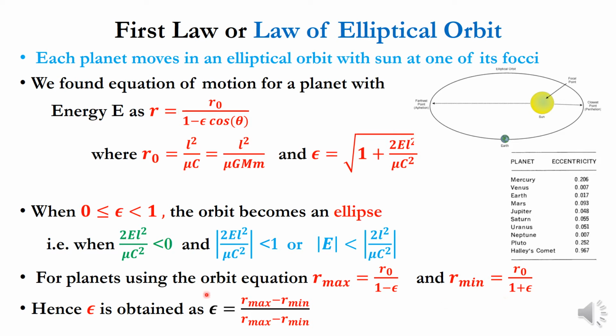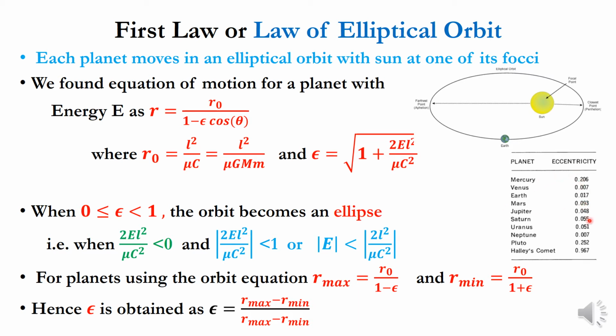So this epsilon is obtained like this from these two equations. Dividing and then subtracting and rearranging, we get this eccentricity epsilon as r max minus r minimum divided by r max plus r minimum.